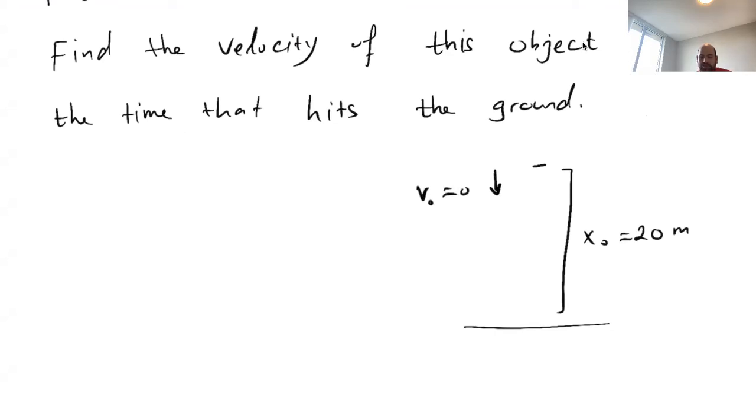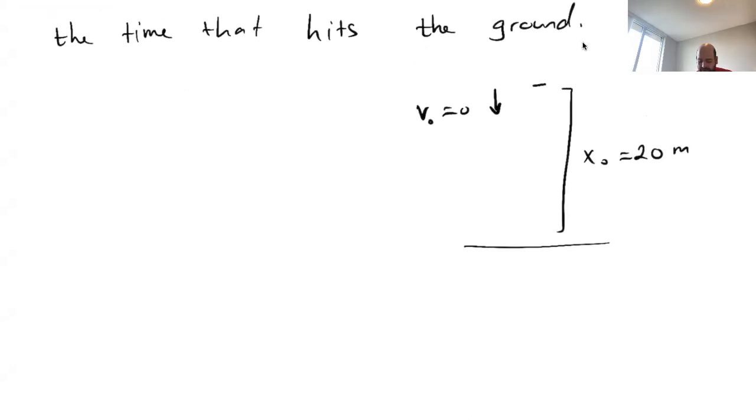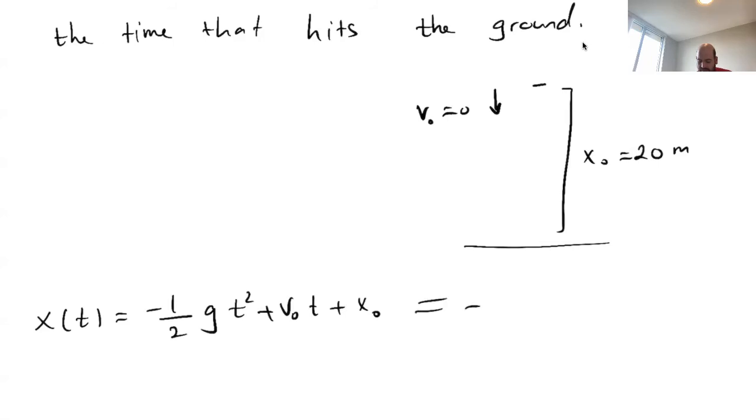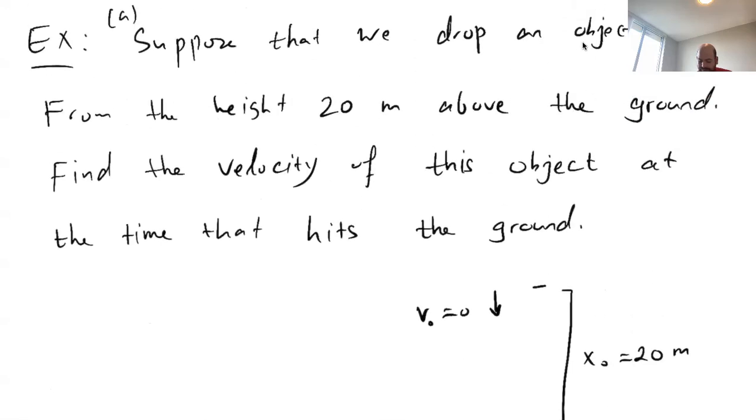We don't give any initial velocity to it, just drop it. So x of t will be equal to minus 1 over 2 gt squared plus v0t plus x0. Now v0 is 0, x0 is 20, so minus g over 2 t squared plus 20.